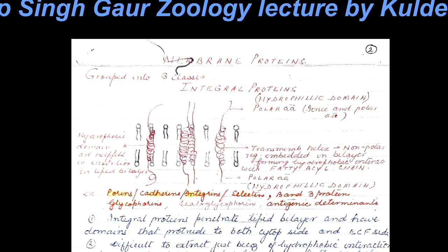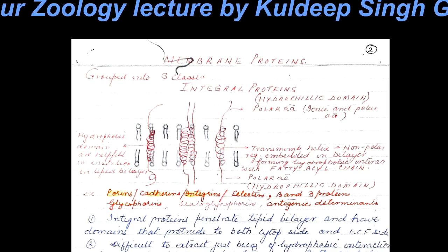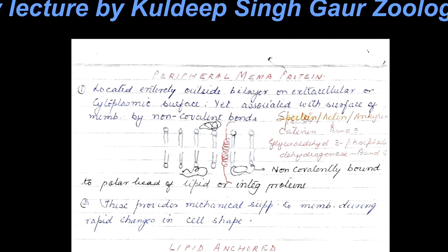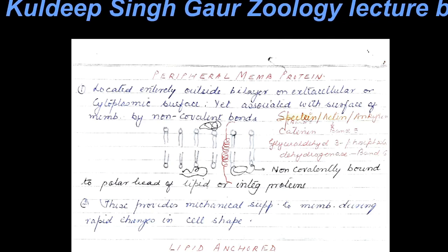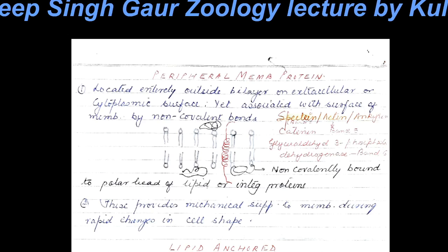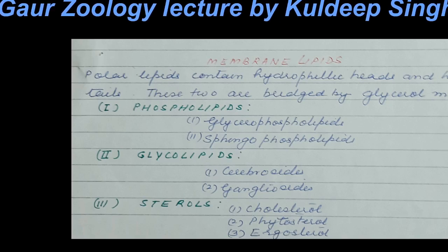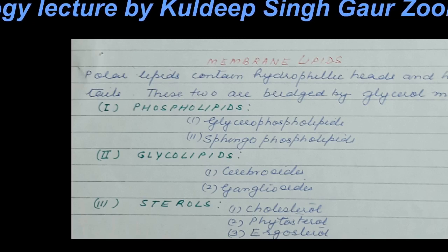Also, the very important antigenic determinants are present as integral membrane proteins. Then we have peripheral membrane proteins like spectrins, actin, and ankyrins. Then we had studied some membrane lipids, which were phospholipids, glycolipids, and sterols.